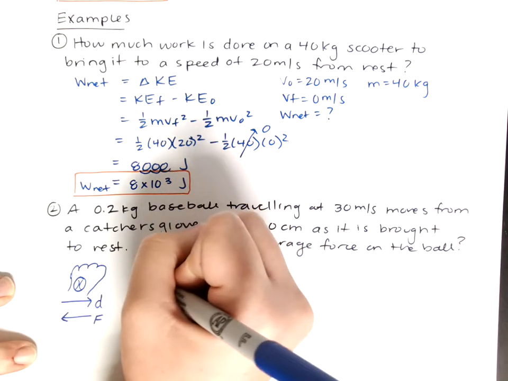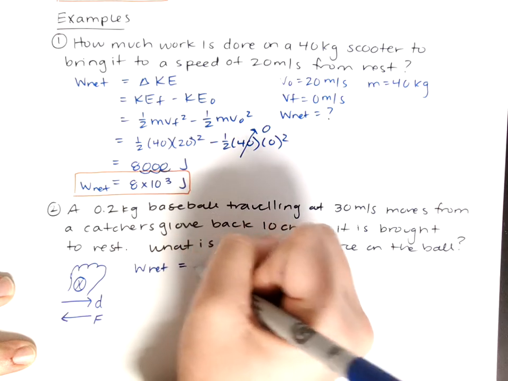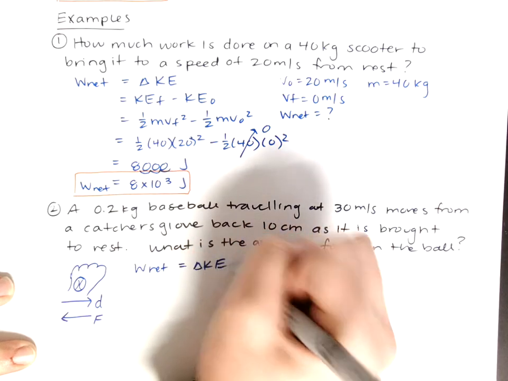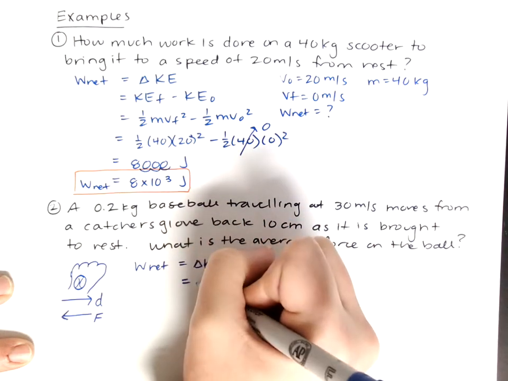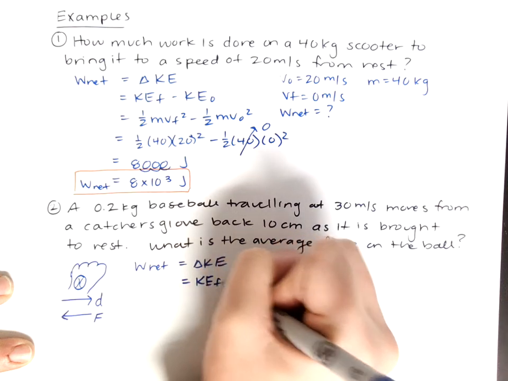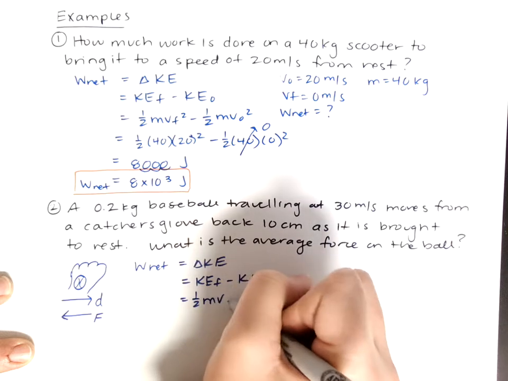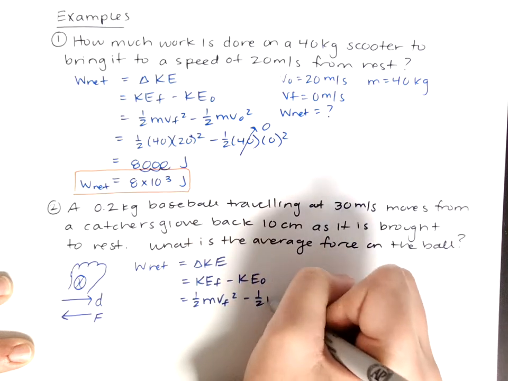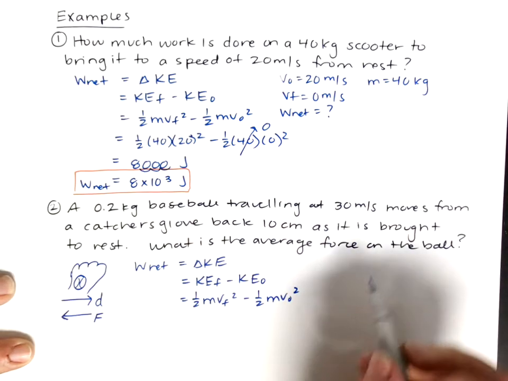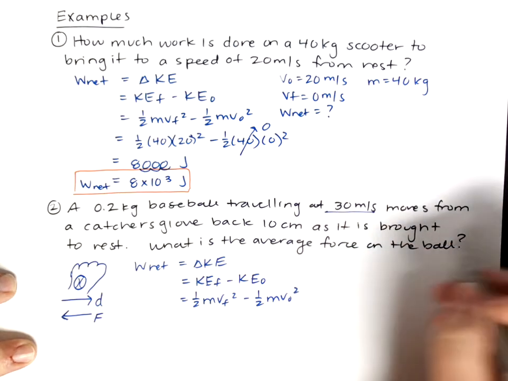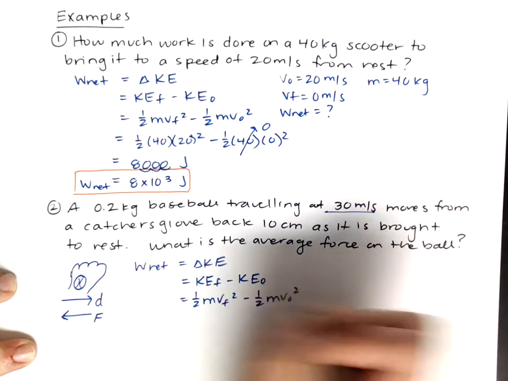So let's go ahead and find what is our net work on the object, starting off with the same equation we always start off with. We notice that its initial speed is 30 meters per second, and it's going to be brought to rest.